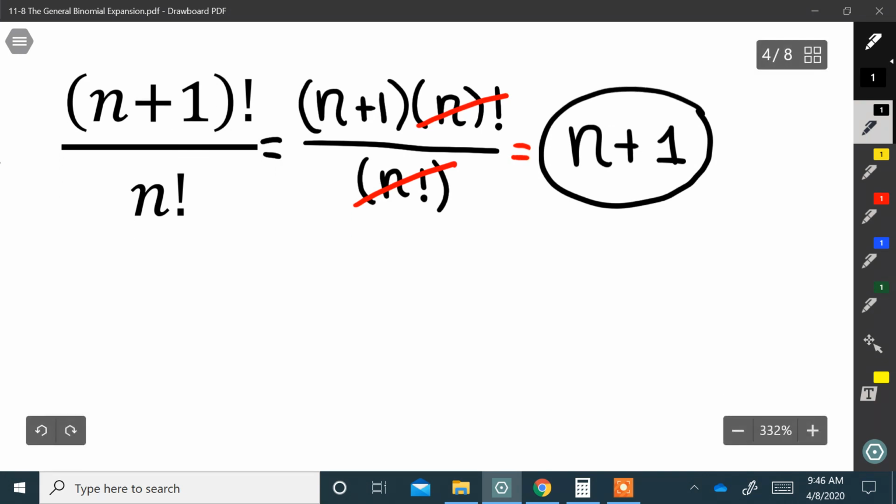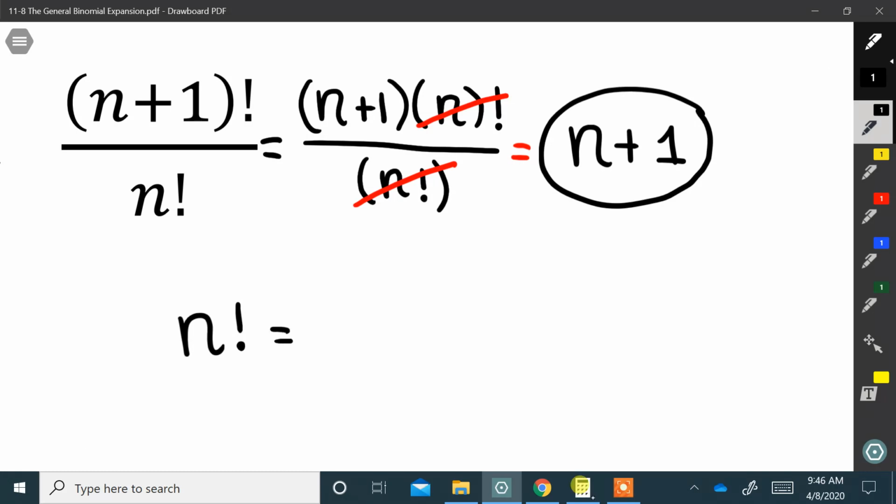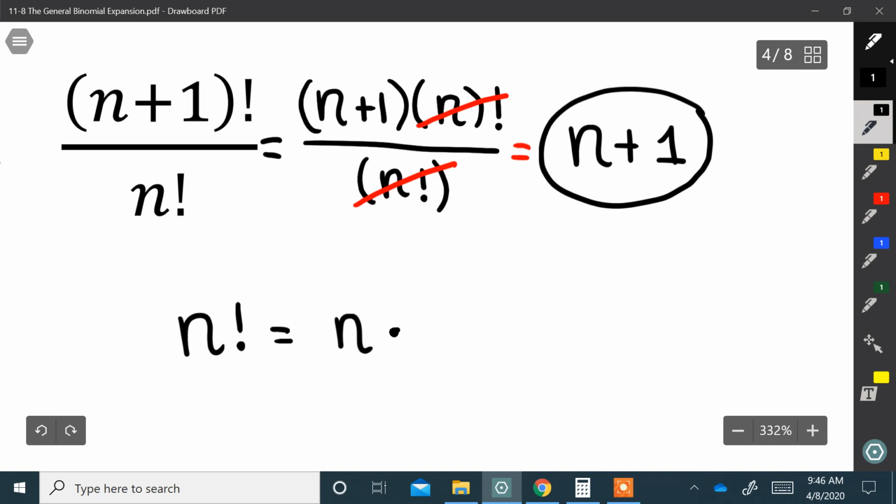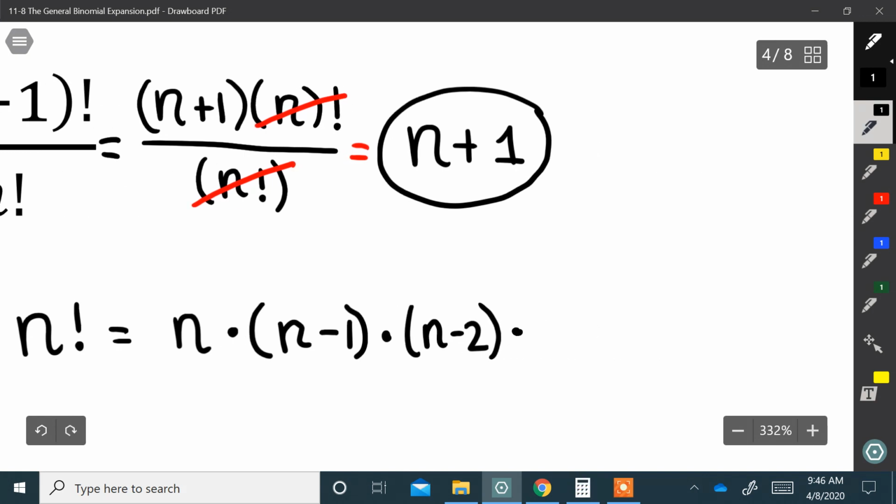So let's rewrite it again. If I want to write n factorial, I could write it like this: n times the number before n, which is n minus 1. Then we keep going: n minus 2. I don't know how big n is, but if it's pretty big, we keep going.